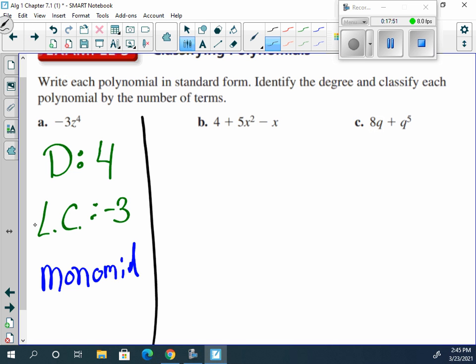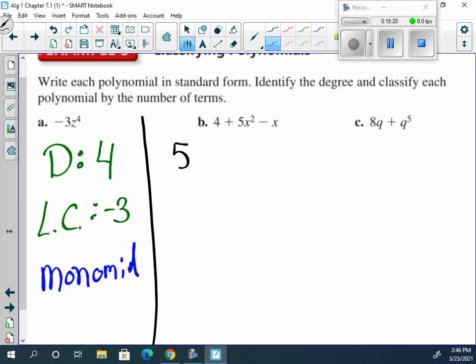Okay, well, that takes care of the first one. Let's look at the second one. 4 plus 5x squared minus x. Is it in standard form? Well, no, because the biggest exponent has to go first. What is the biggest exponent? 2. So our expression with the 2 in the exponent would be our 5x squared.